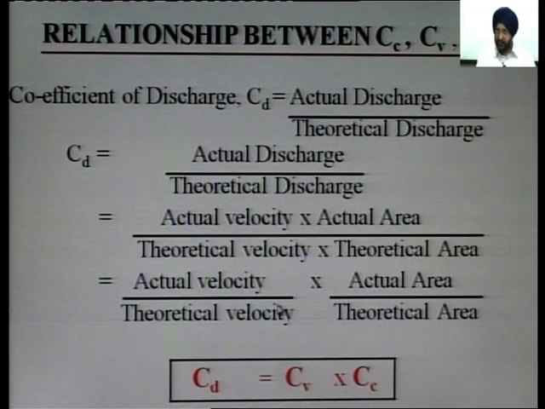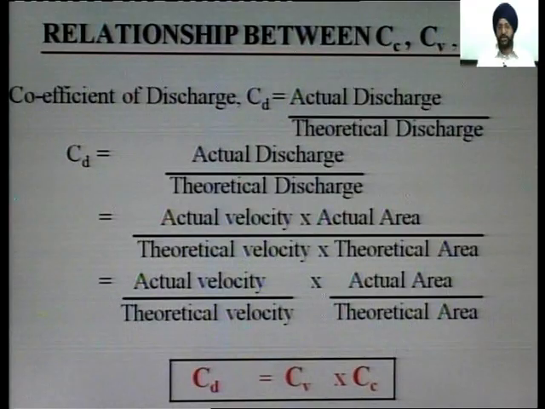From the definitions of coefficients, actual velocity upon theoretical velocity is nothing but coefficient of velocity CV, whereas actual area upon theoretical area is nothing but the coefficient of contraction.